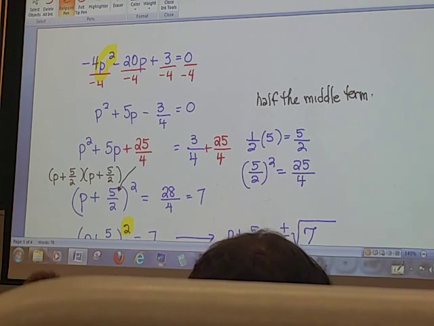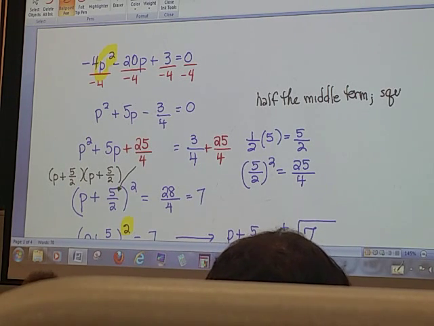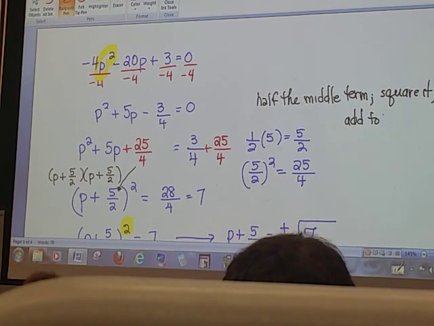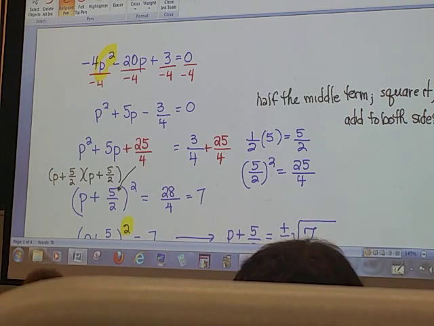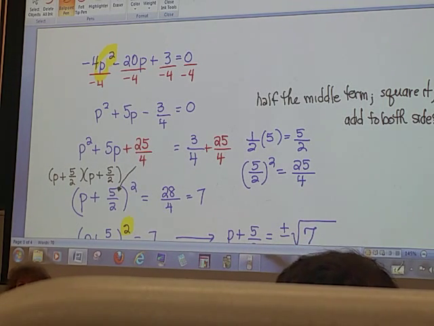That's the middle term. Square it. Add it to both sides. That's on the list that I gave you of the steps to solving this thing. Step number 3, I believe. Probably.